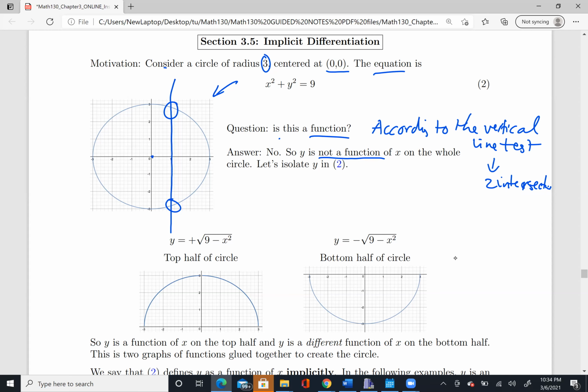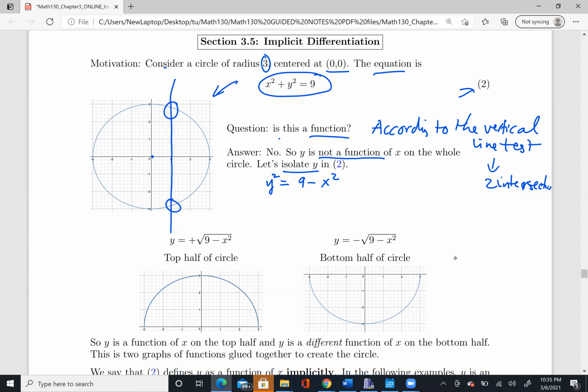Now I'm going to try to isolate y in equation number 2. Let's say y squared equals 9 minus x squared.